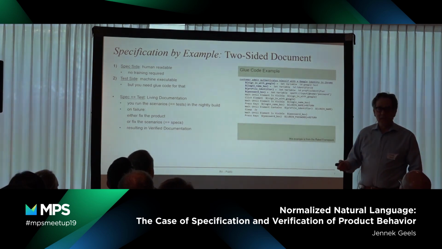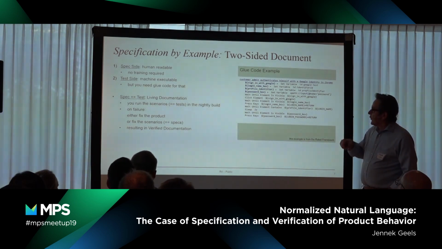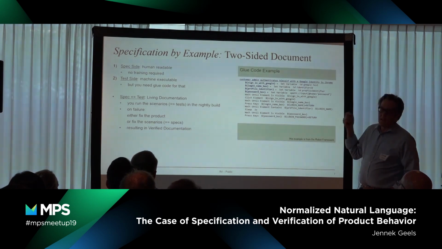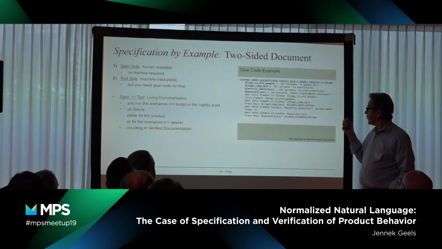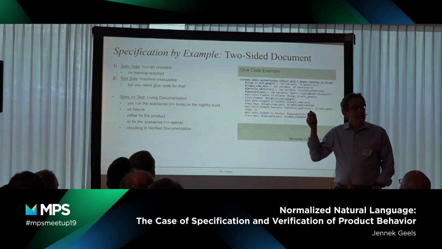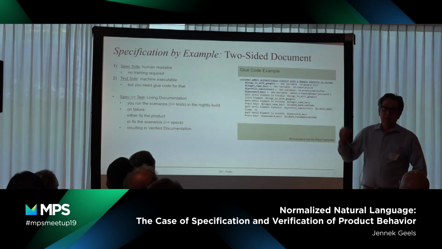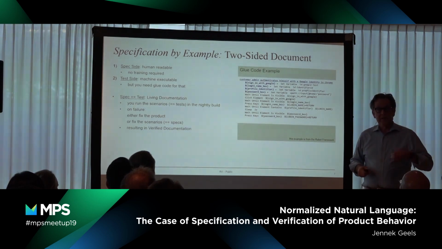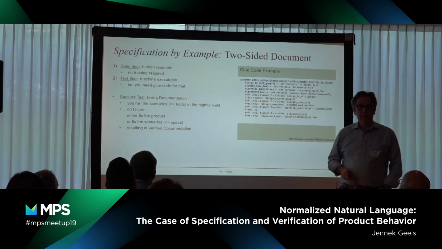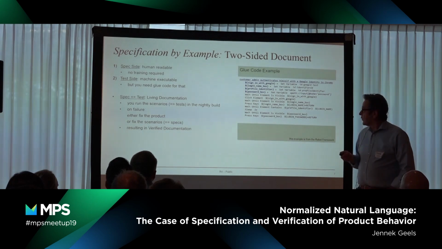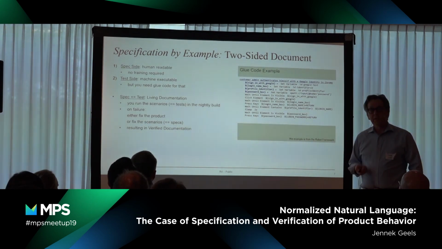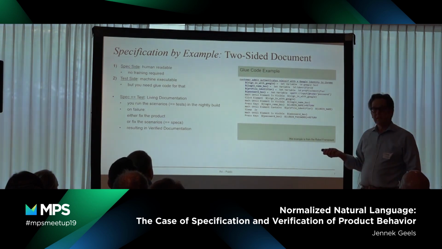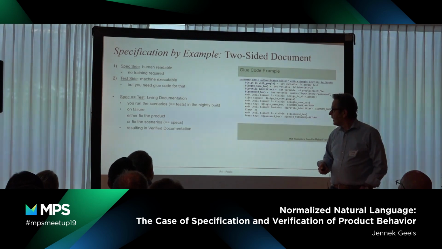For them it's the specification. But on the other side, you can use this as your test, provided that you have glue code in place. On the right you see some example. One of the lines on the previous slide I've expanded in some clicks on the user interface. This is Selenium. This is how you make it executable, and by making it executable you can run these tests in your nightly build. And we have very fine documentation, which goes by the name of living documentation.